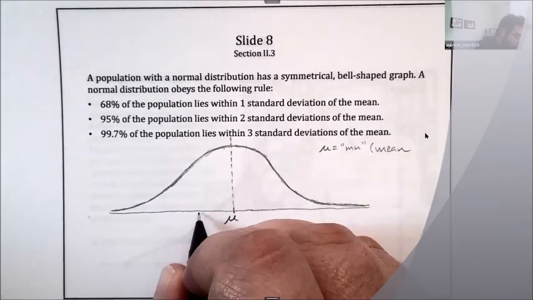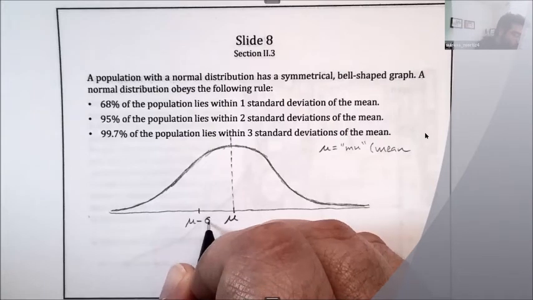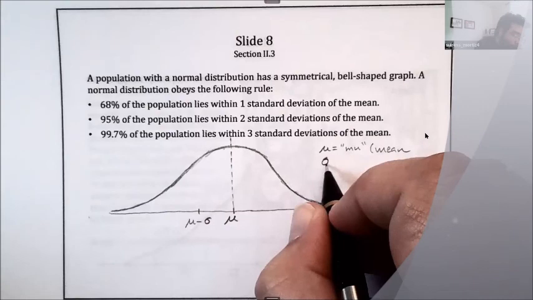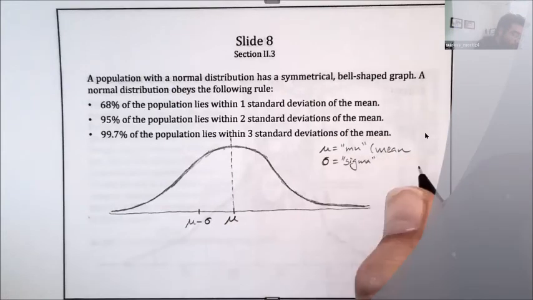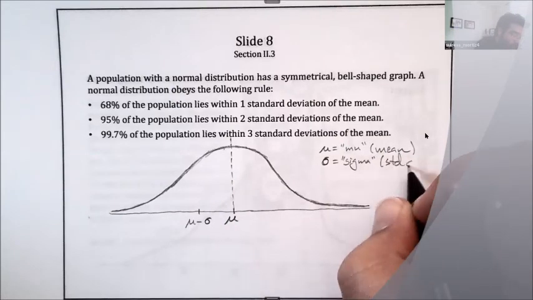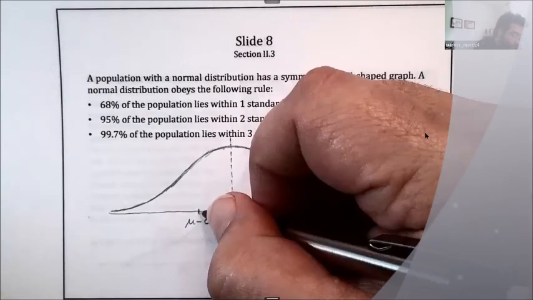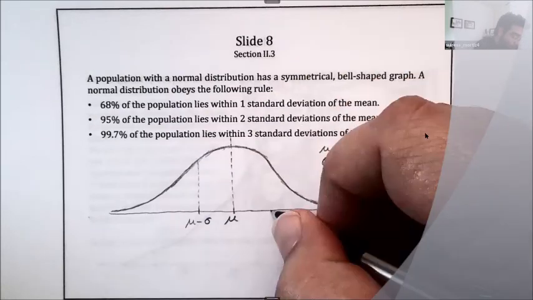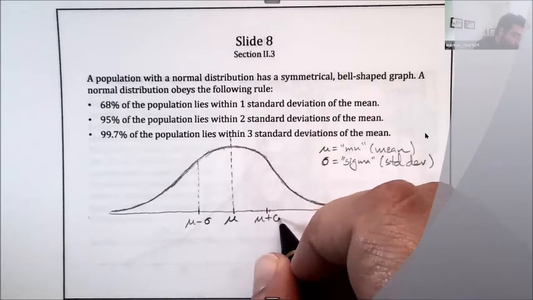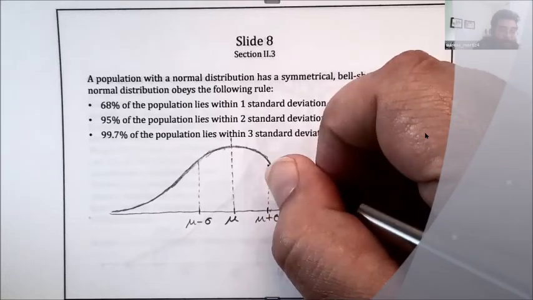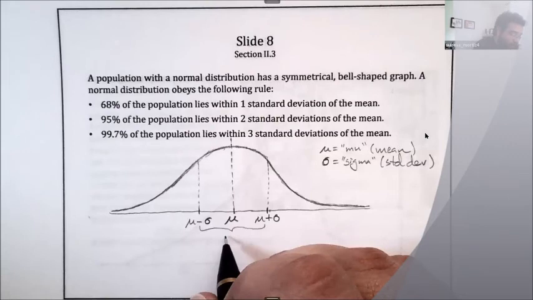So if I take the mean and subtract the standard deviation, which we represent using a sigma, that's the Greek letter sigma, which is the standard deviation of this large population. So I take that value, and then I also add the standard deviation to the mean. Then between these two values, you have 68% of the population.